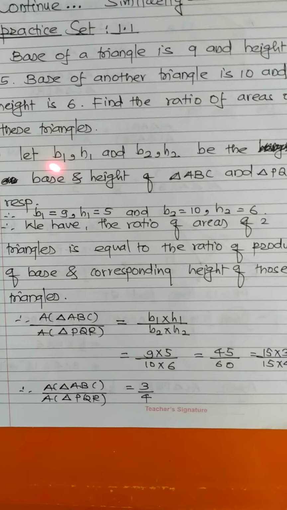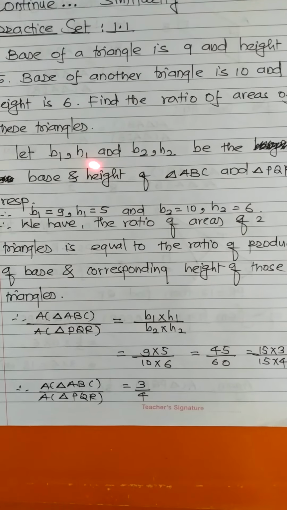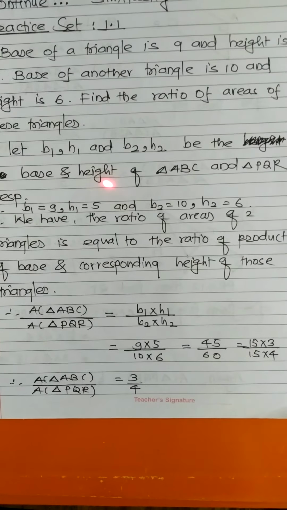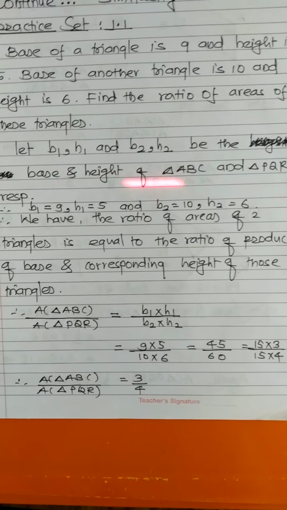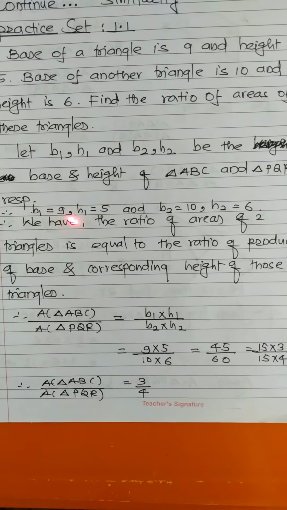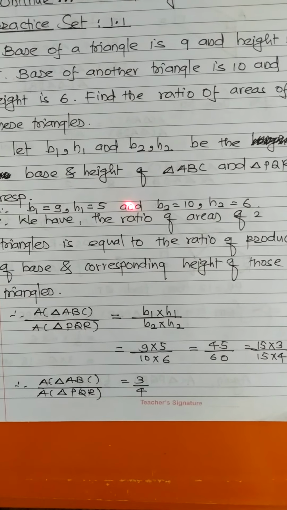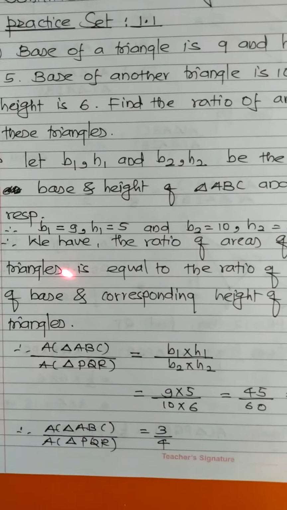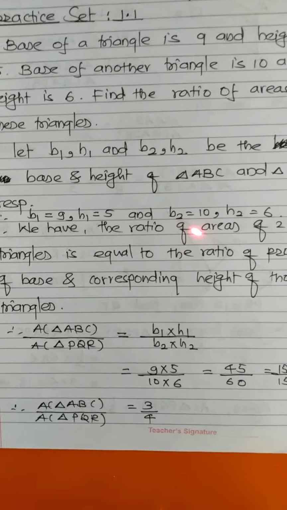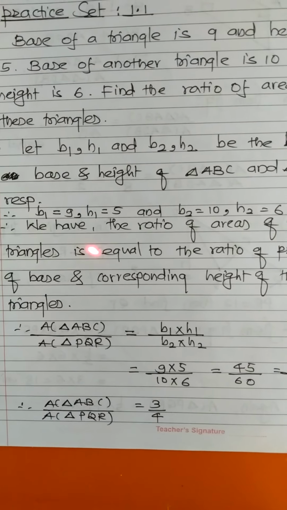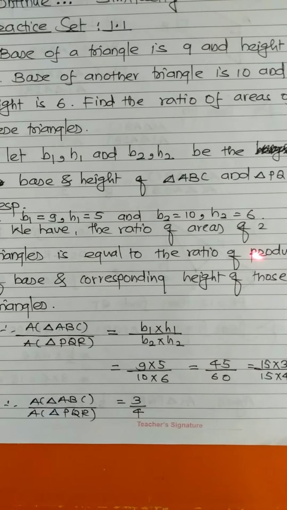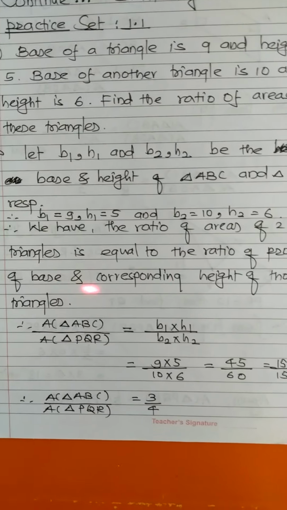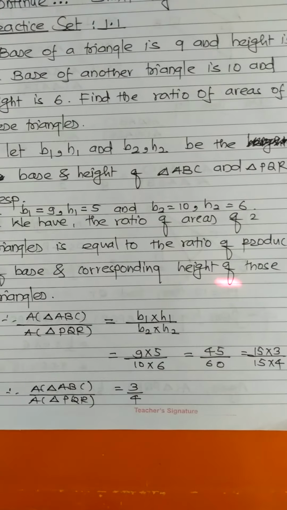So we can consider let B1 H1 and B2 H2 be the base and height of triangle ABC and triangle PQR. So B1 is 9, H1 is 5 and B2 is 10, H2 is 6. So we have that property, the ratio of areas of two triangles is equal to the ratio of product of base and corresponding height of those triangles.